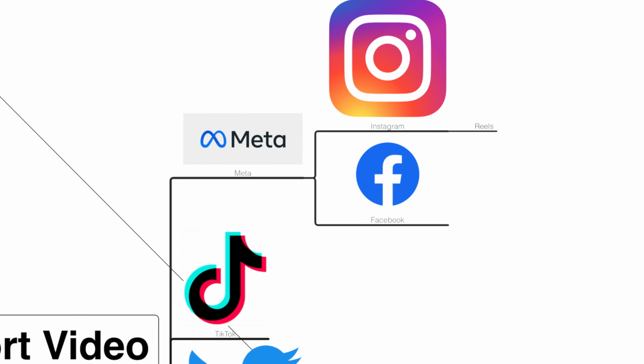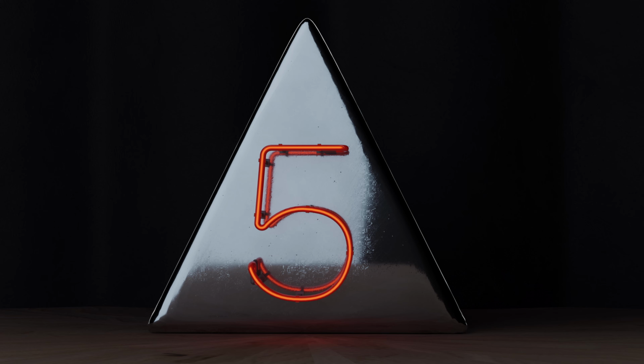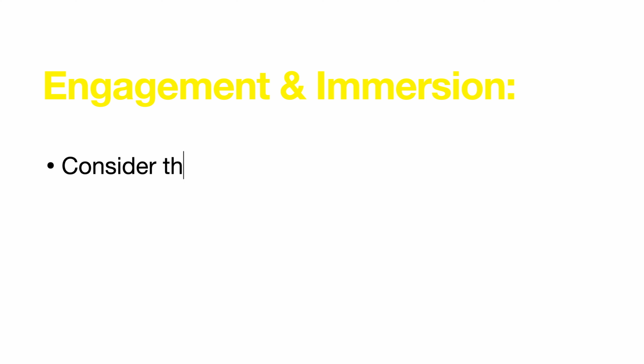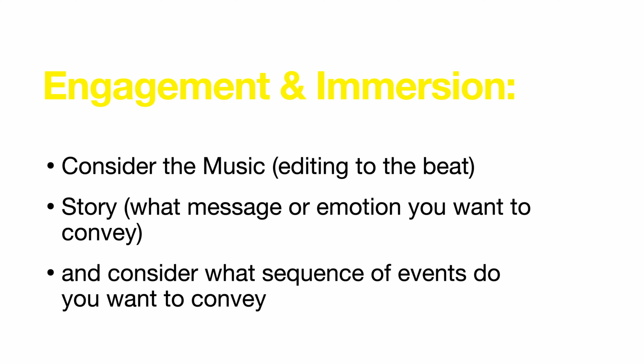So the last tip to get a killer Instagram story is to consider both the music and editing to the beat, considering the story, what kind of story you want to convey in terms of the emotion and the sequence of events that you want to portray.